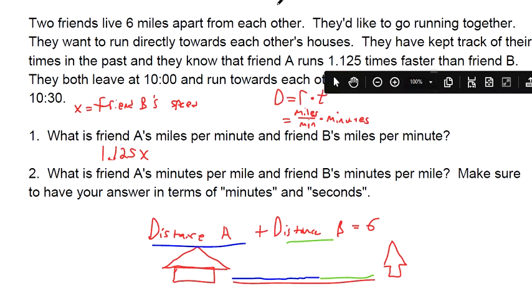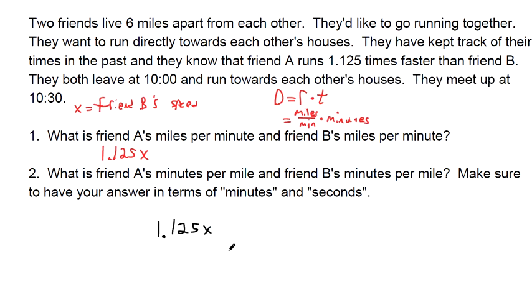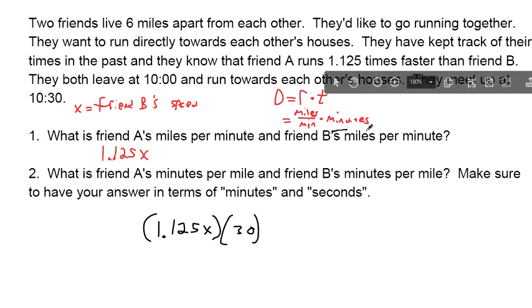Okay, to make that equation happen, let me clear this if I can. The distance that friend A travels is the rate of friend A. And I'll remind you why we're using 1.125. This is the rate of friend A times the time it takes until they meet up. It takes 30 minutes until they meet up, because we said minutes is our units.